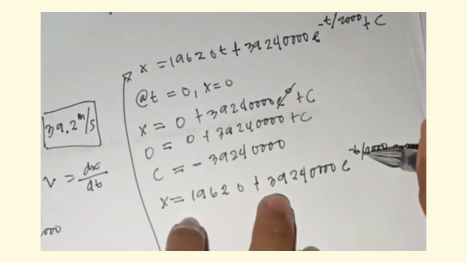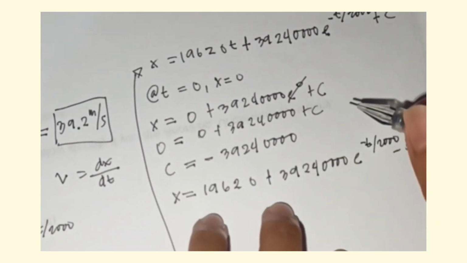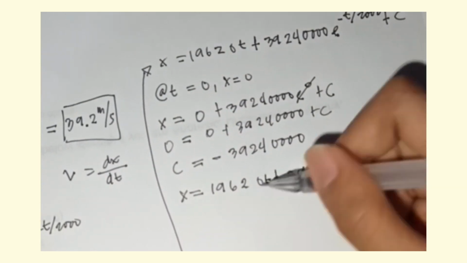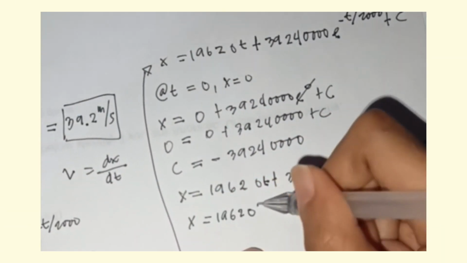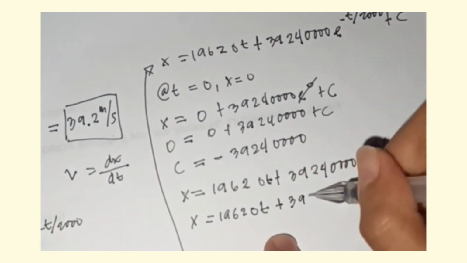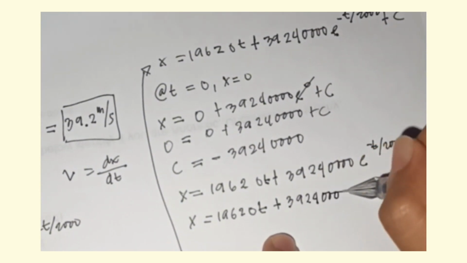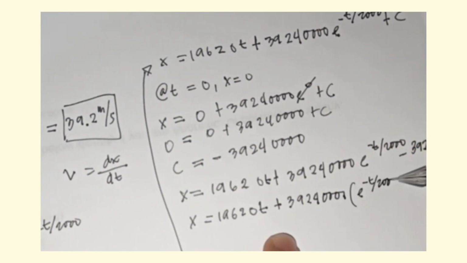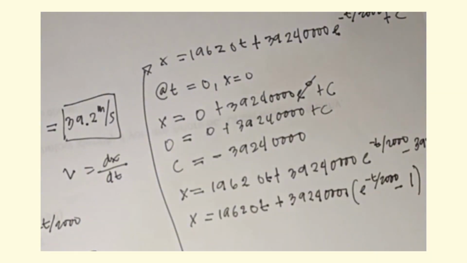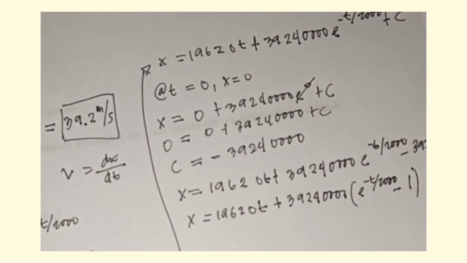So I can factor out, and x becomes 19620 t plus 39240 multiplied by e raised to negative t over 2000 minus 1. So this is the distance traveled by the object.